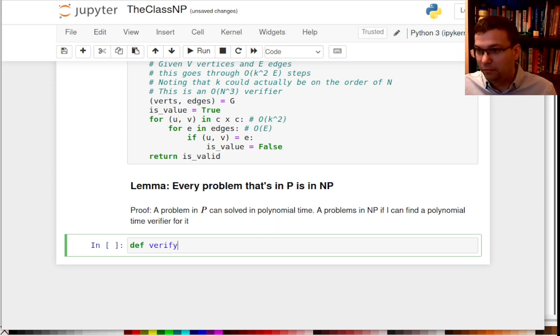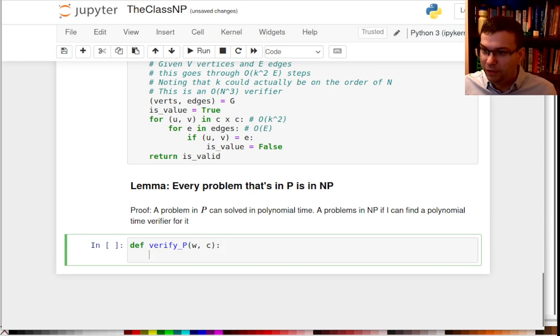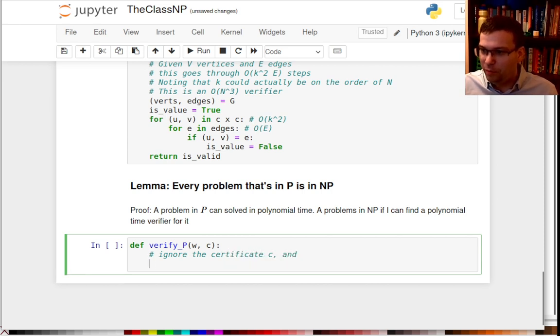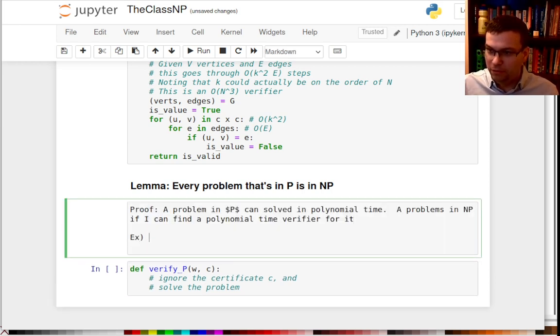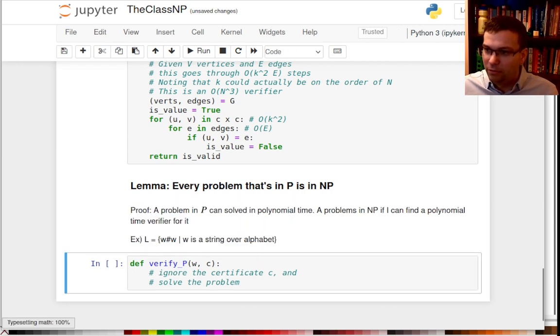Let's say I have some problem P. I'm supposed to pass along a string and a certificate. Well, what I'm going to do is just ignore the certificate and solve the problem. So for example, if this was the language L equal to W hashtag W, given W is a string over the alphabet, fine, I can make a verifier for it.